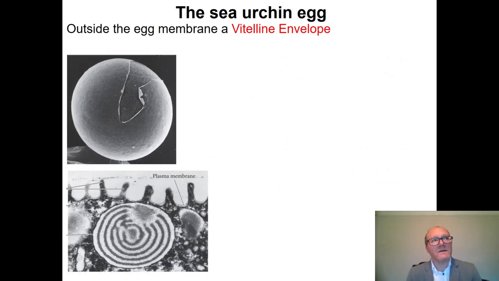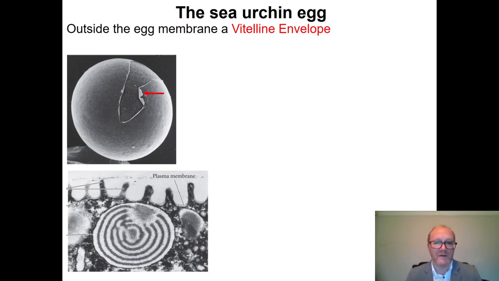So the sea urchin egg is, structurally speaking, quite similar to a human egg. We have similar structures surrounding the egg itself. One particular very important structure is called the vitelline envelope. The vitelline envelope is mostly made of protein and is very similar to, if you want, the zona pellucida that surrounds the mammalian egg.